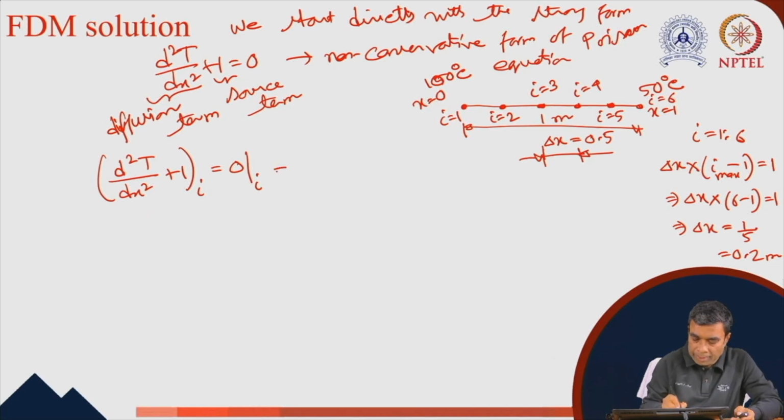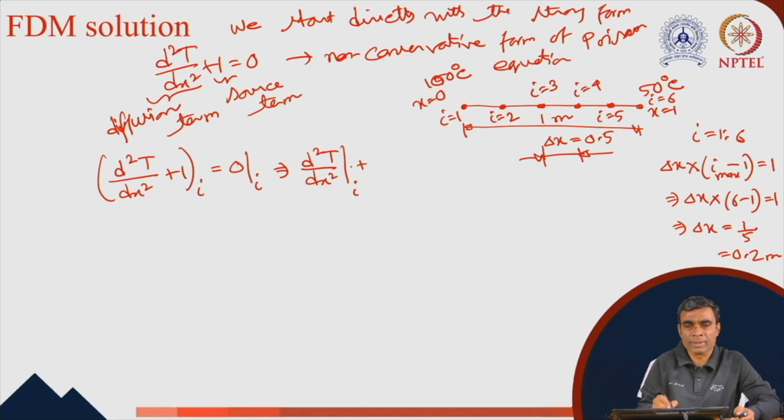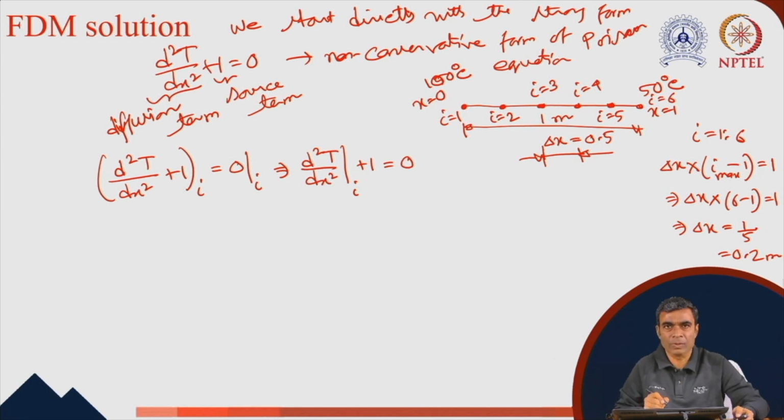So we can write this as d2T/dx2 at the ith node plus 1, which is the source term, which is constant. So its value is the same at all the nodes. The same thing holds for the right hand side, which is also a constant. So this is 0.